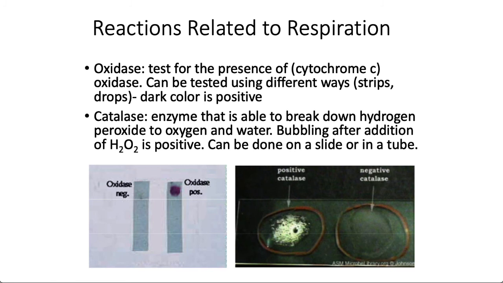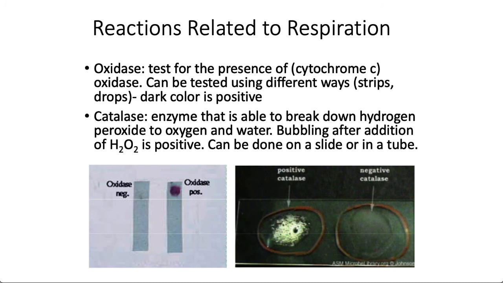And catalase is an enzyme that breaks down hydrogen peroxide to oxygen and water. If you have ever cut yourself and you put some hydrogen peroxide on the wound, you see bubbling, that is catalase for you. It's a very useful enzyme to have in the presence of oxidative agents.